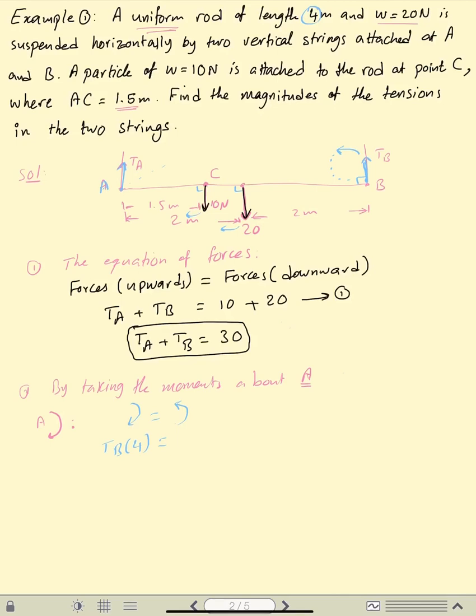First one is 10 newtons, and he told us it's 1.5 meters from A, so it's 10 times 1.5 plus the 20, which is the weight of the rod, times the distance. Since it's uniform, it's in the middle, it's 4 so the distance is 2.